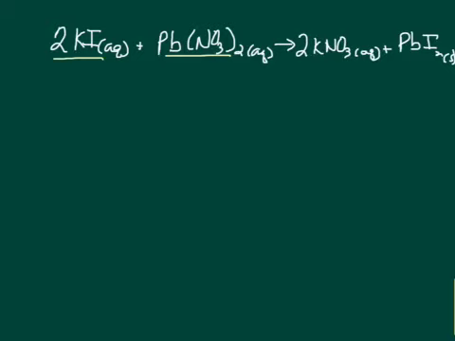So what I would actually have in one beaker would be potassium iodide existing as ions in solution. I would have 2 potassium ions and 2 iodide ions. And in the other beaker in solution, I would have lead II nitrate dissociated into lead II ions and nitrate ions.